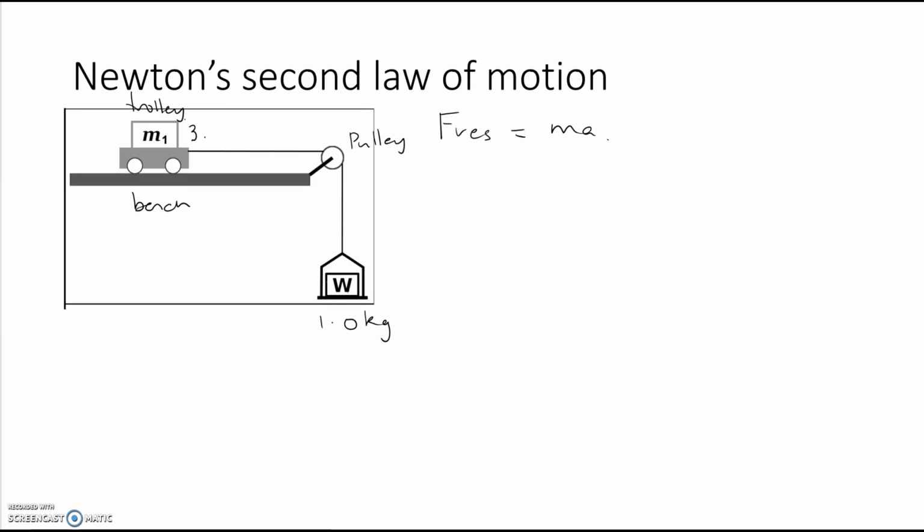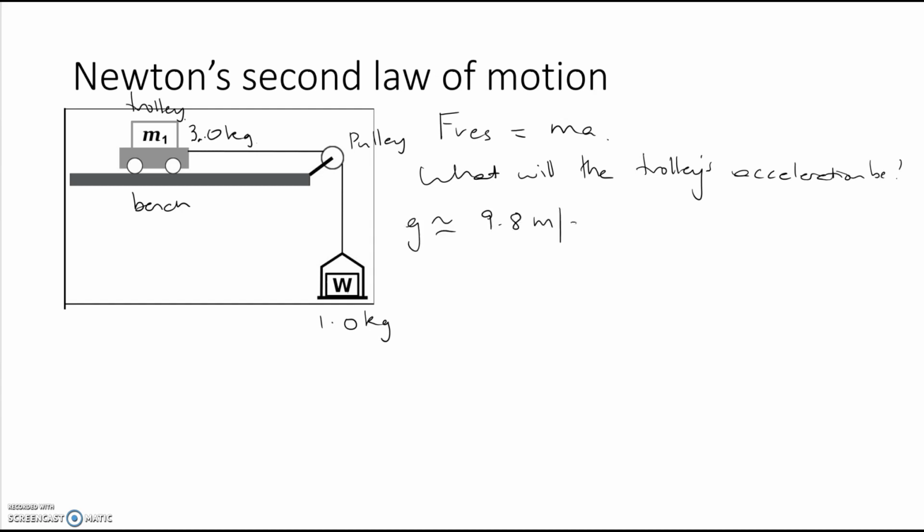And the trolley has a mass of 3 kilos. And the question is, what will the trolley's acceleration be? Take gravity as approximately 9.8 meters per second squared and ignore any friction.